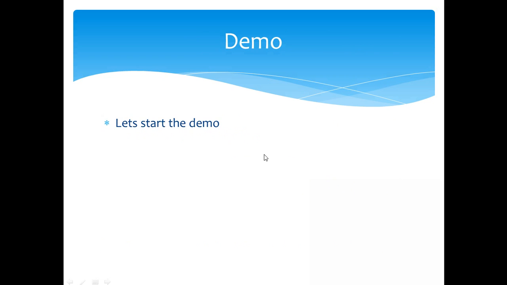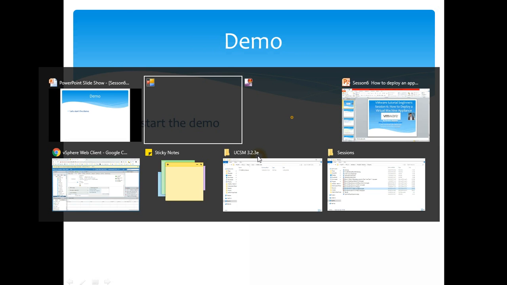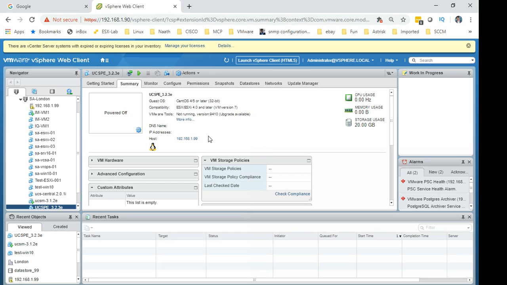Okay, so let's quickly get into a demo for you guys. What I have decided today is to give you guys a demo of something which a few of my good friends have requested before, and some of the users have also commented about this.